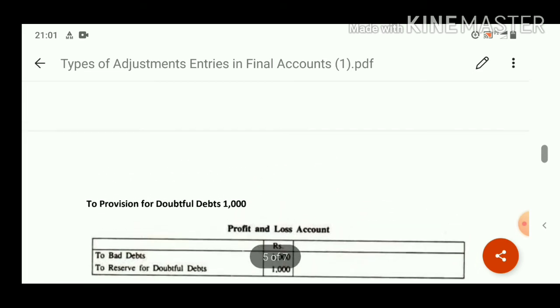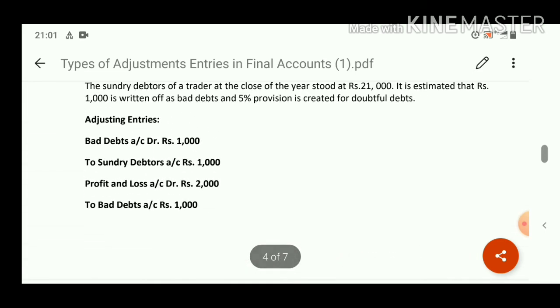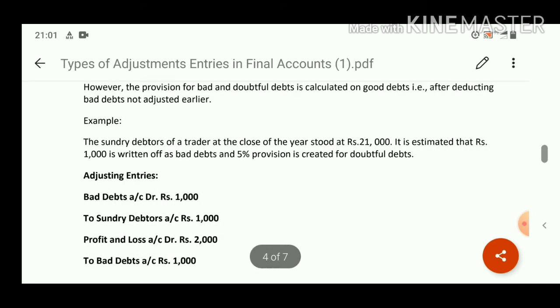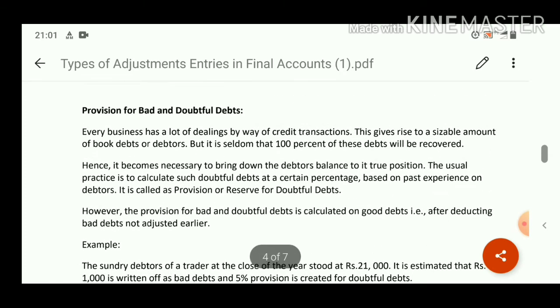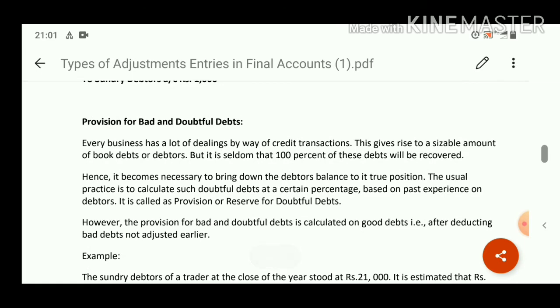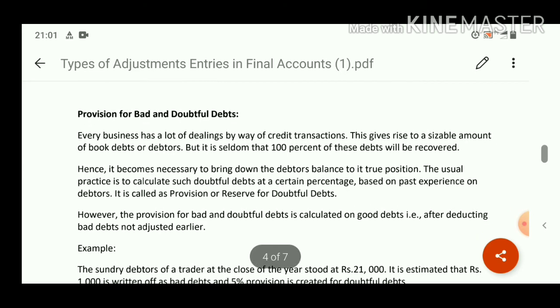Now this loss has to be adjusted, or this loss has to be covered up. So to cover up this loss, I have created a provision for bad and doubtful debts. Now this provision for bad and doubtful debts is not extra money to me.